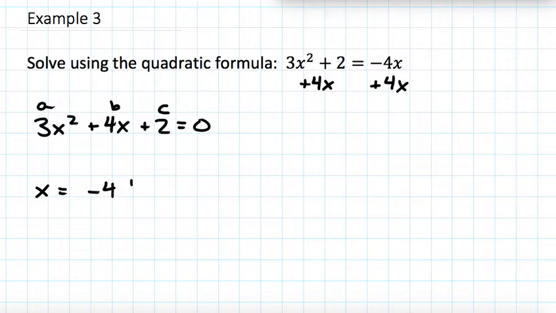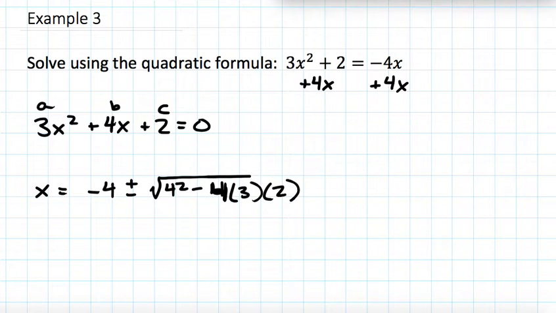Negative b plus minus square root. B squared is 4 minus 4 times a times c, all divided by 2 times a.